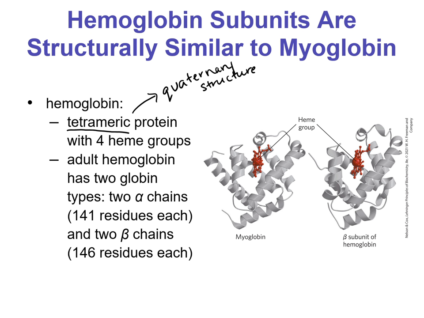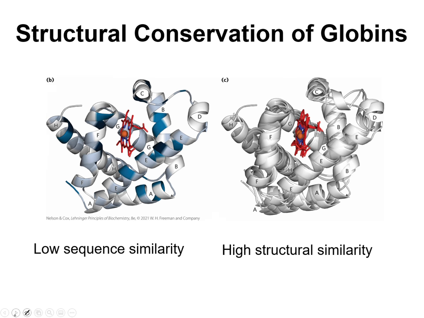This is a comparison of myoglobin and the beta subunit of hemoglobin. You can see that they're very similar. Now, in terms of primary sequence, there's very low sequence similarity between these two.